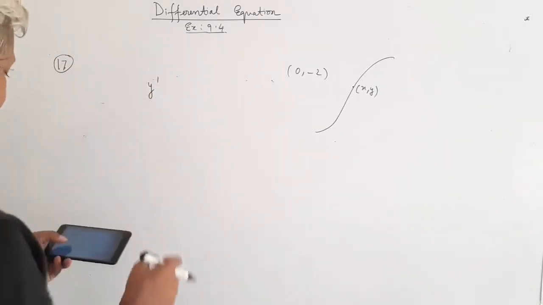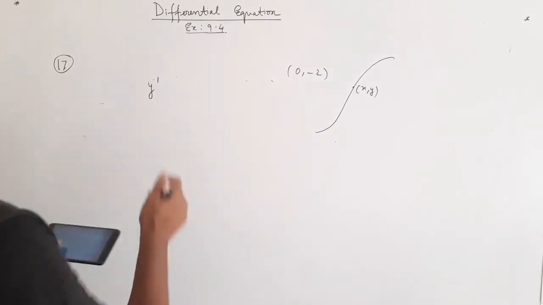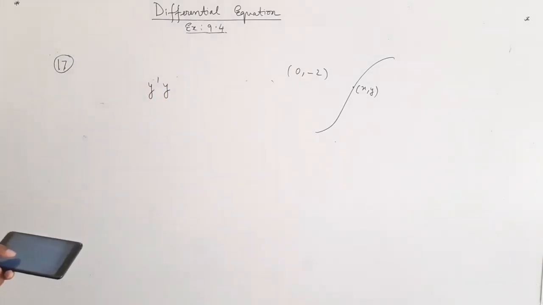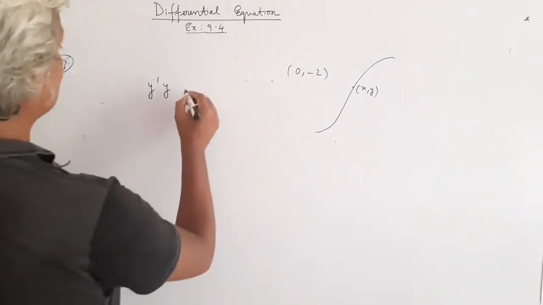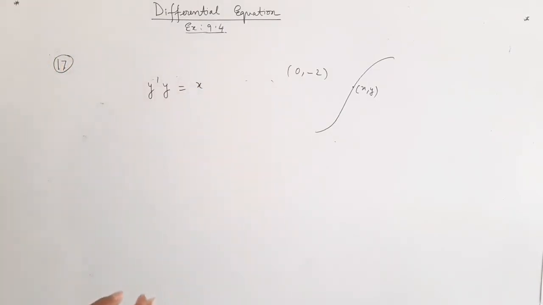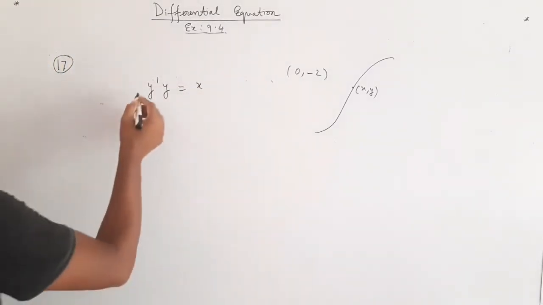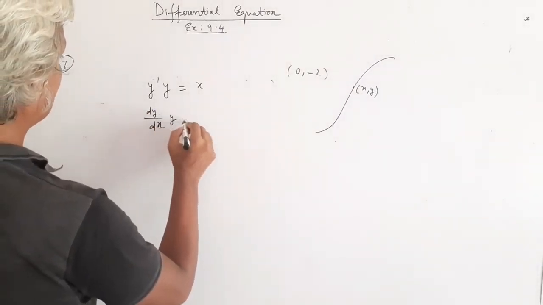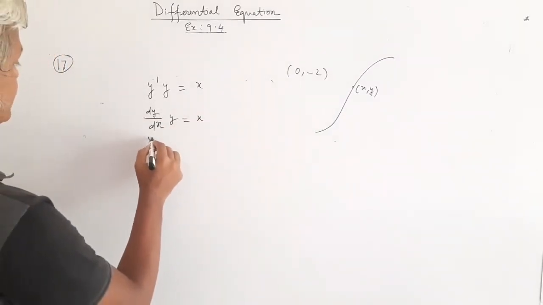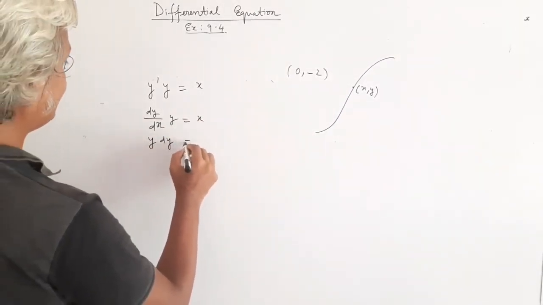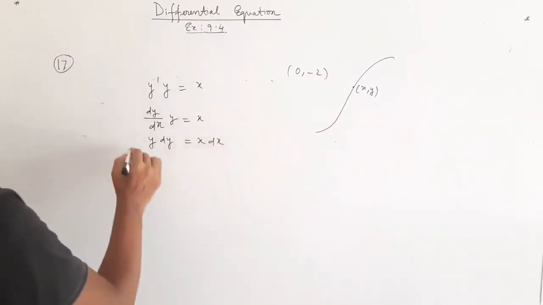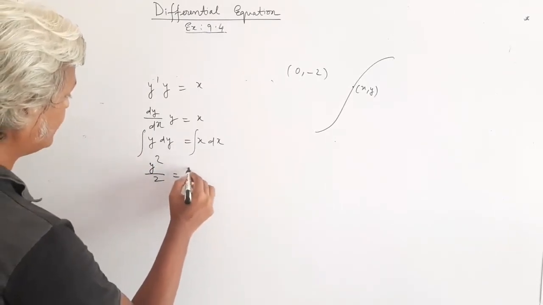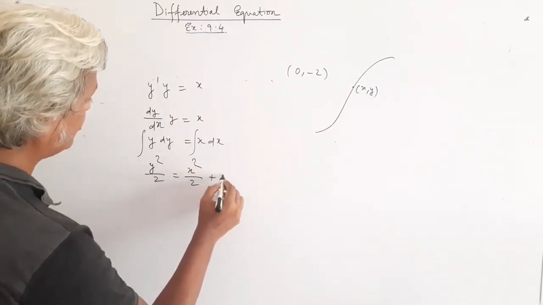Slope means y dash, and the y coordinate means y, so the product y dash times y is equal to x. This is what they are trying to say. So now this is so easy. Here y dash is dy by dx, so y dy is x dx. Now integrate, then you get y square by 2 equals x square by 2 plus c.